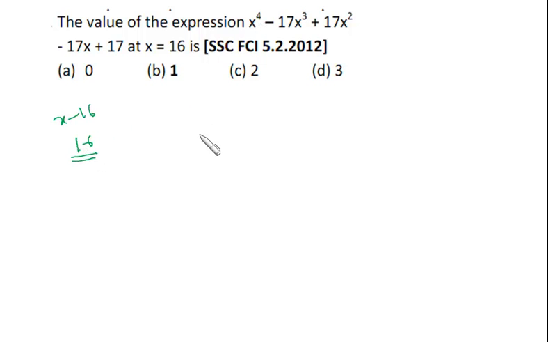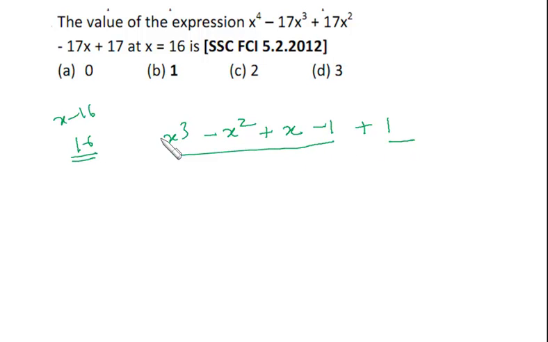Now I start with x4. The first step will be x cube. Then we start with the coefficient, 16 minus 17, that is minus 1, so it is minus x square. Then minus 16 plus 17 plus 1, 16 minus 17 minus 1, 16 plus 17, minus 16 plus 17, minus 16 plus 17, 1.